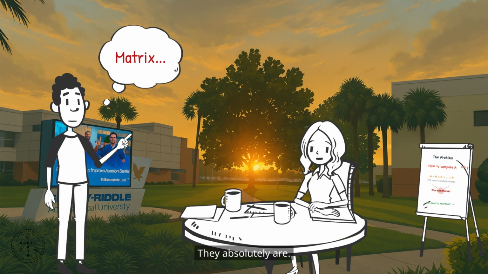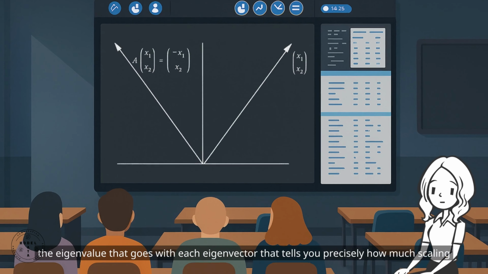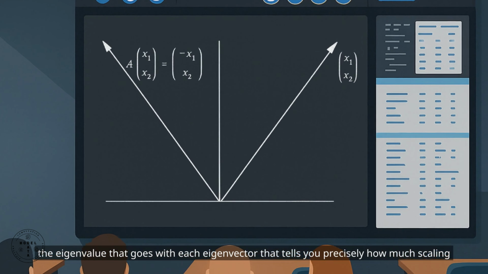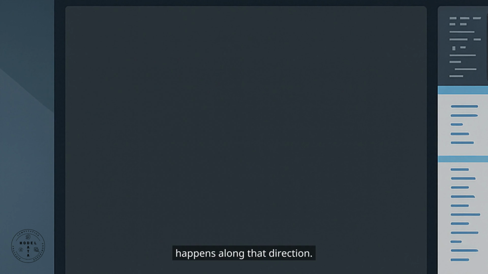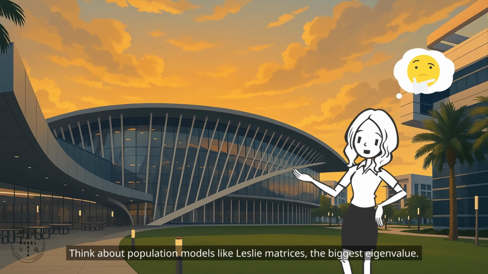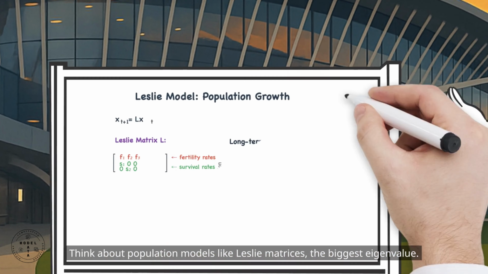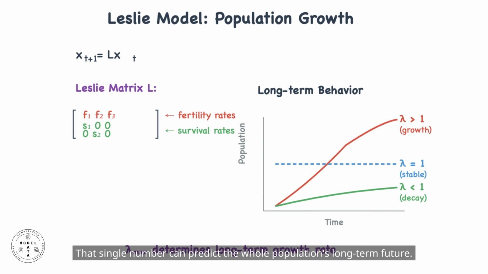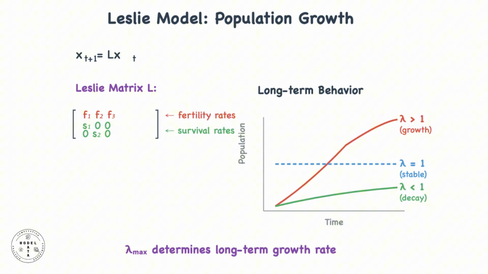They absolutely are. The eigenvalue that goes with each eigenvector tells you precisely how much scaling happens along that direction. And this isn't just abstract math on a page. Think about population models like Leslie matrices: the biggest eigenvalue, that single number, can predict the whole population's long-term future.